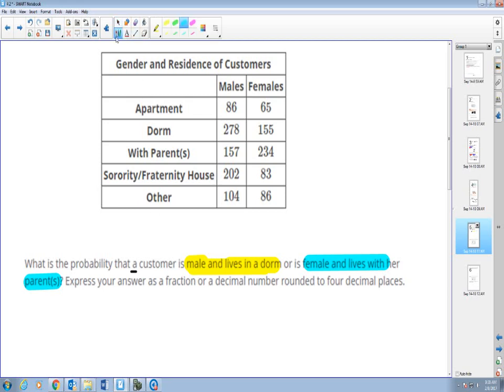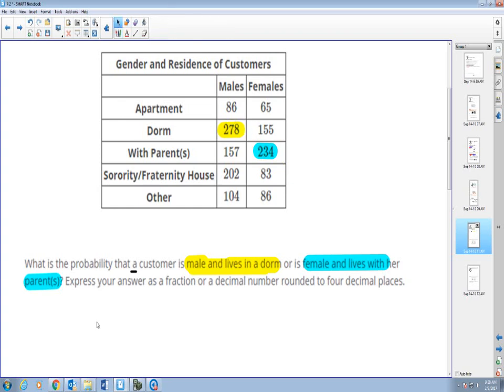All right, so let's find where we are on the table. Male living in the dorm, that's 278 customers. Female living with the parents, that'll be right here. So there's no common outcome.